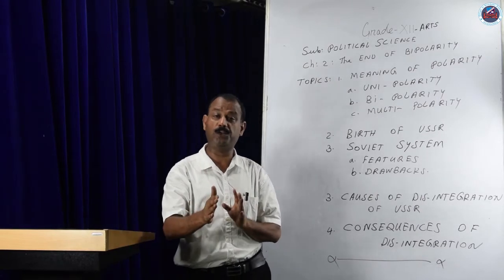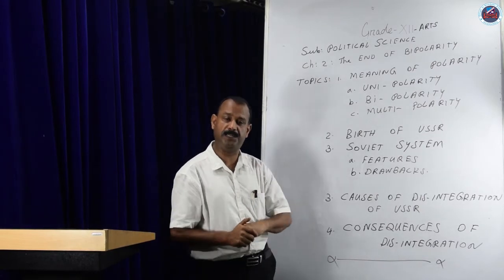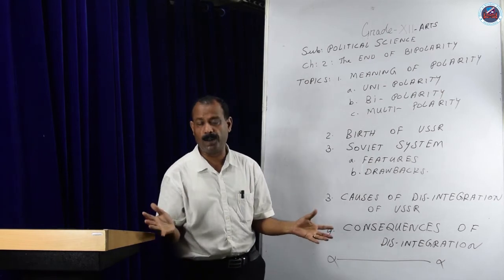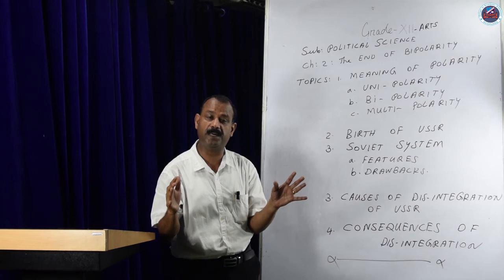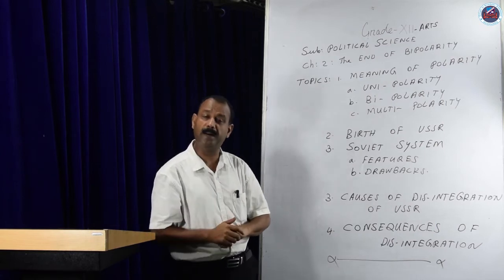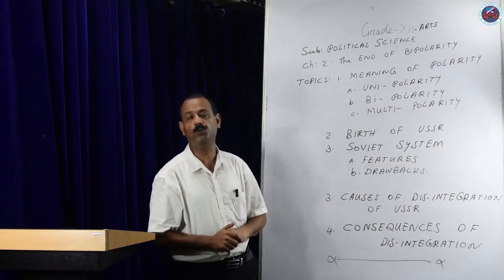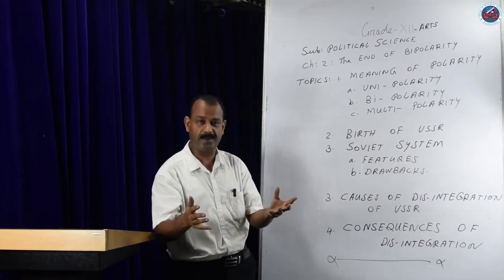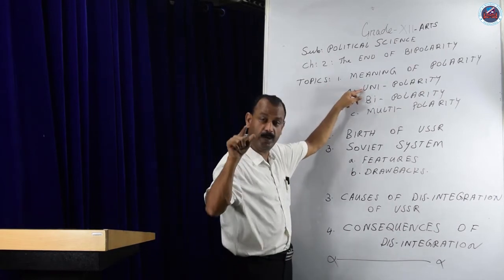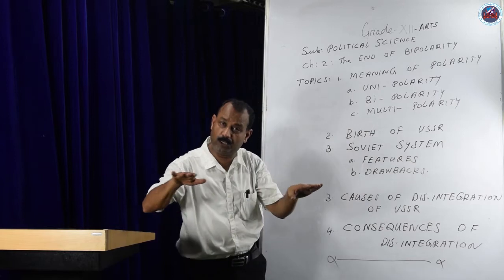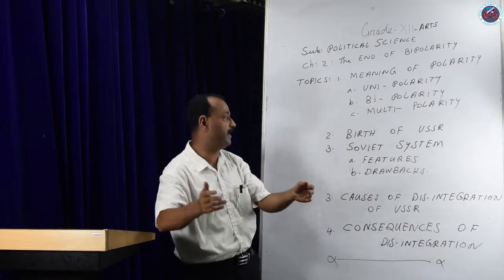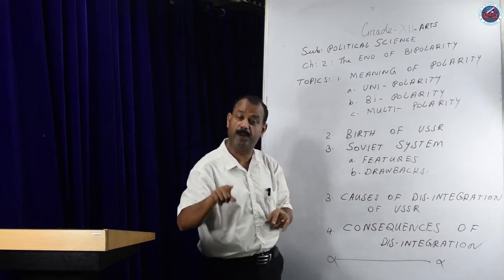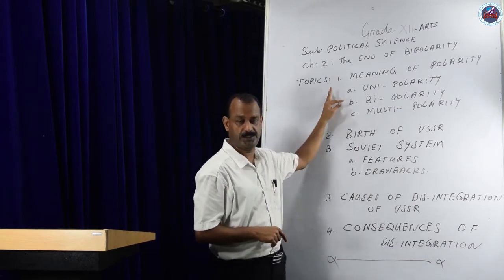It was divided into 15 independent states. It lost its power. And finally, the world was dominated by only one country, that is the US. So the bipolarity came to an end with the destruction of the USSR, and unipolarity came into being, where the world was dominated by only one country, the US.